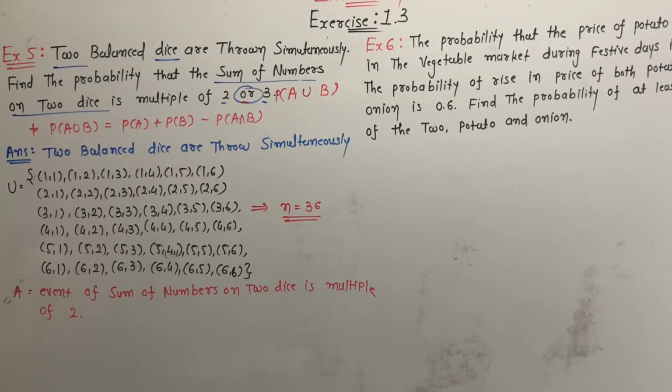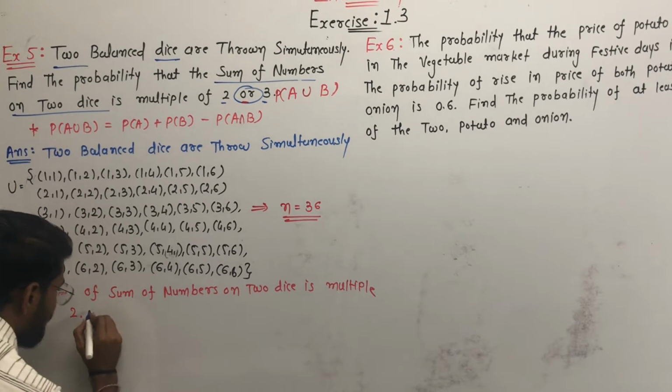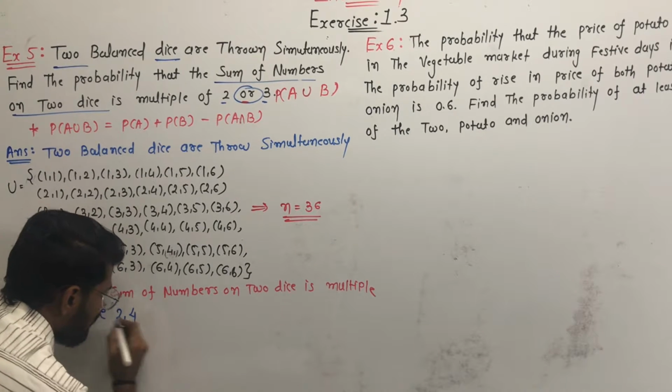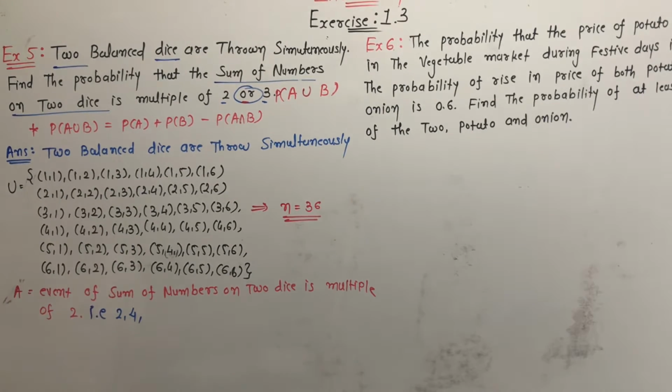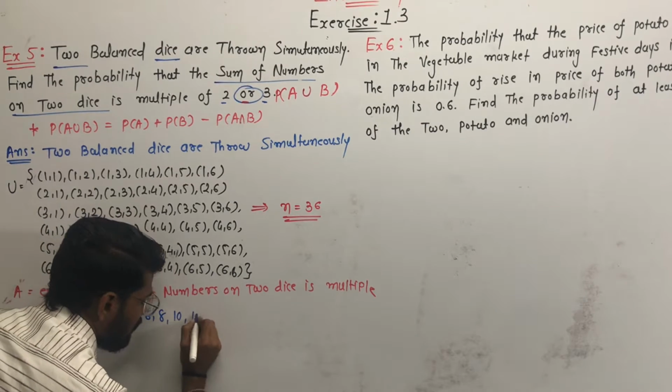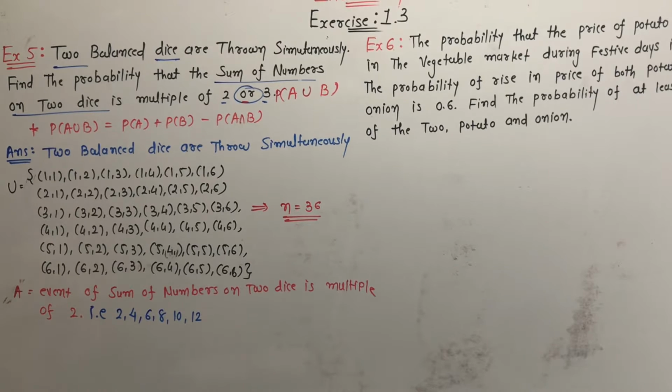Yes, it is a multiple of 2. When is it a multiple of 2? When the sum on the dice is 2, 4, 6, 8, 10 or 12. So our sample space for the event A.